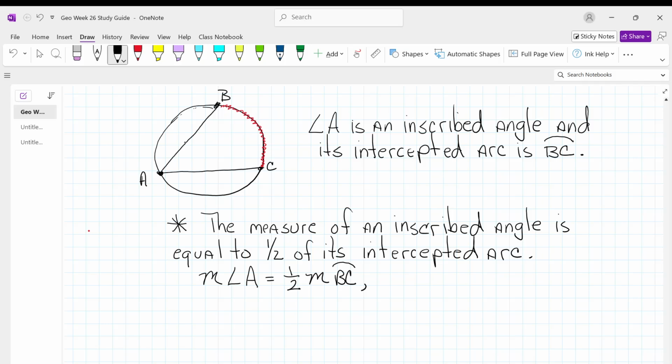The converse of that is also true. If you know the measure of the arc, you take half of it, or you divide it by 2, it gives you the measure of the angle. All right?